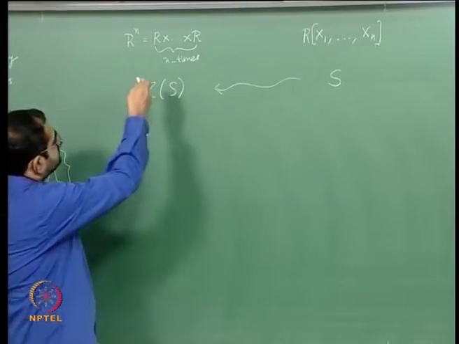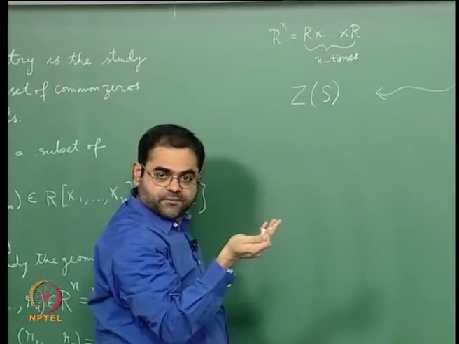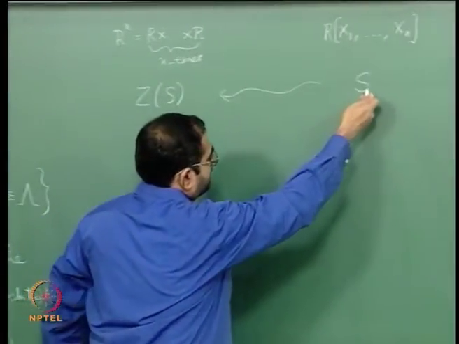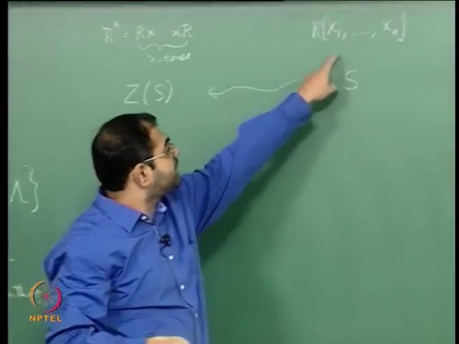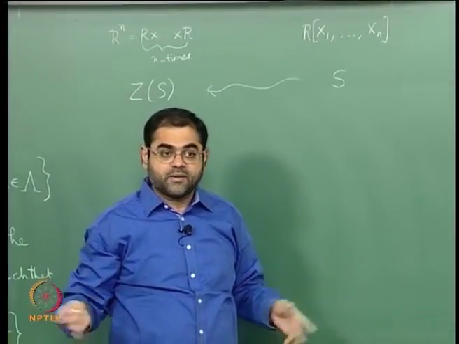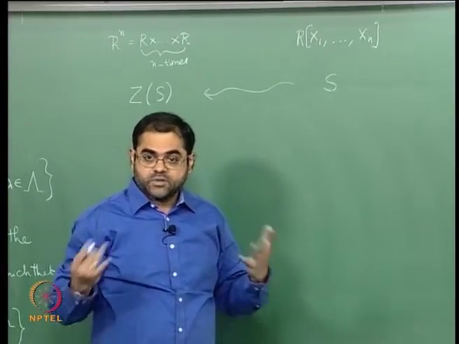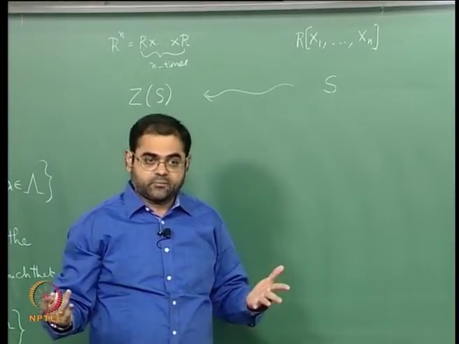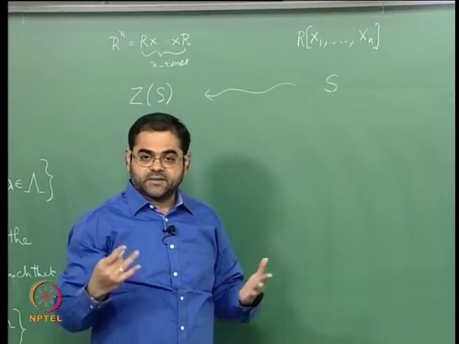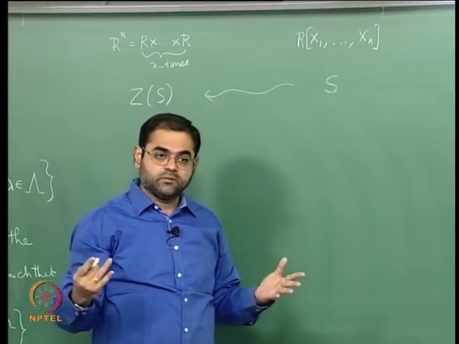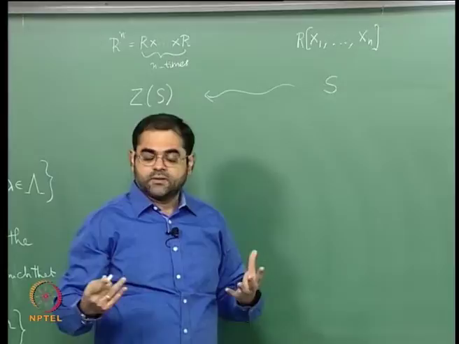For example, you could have properties of this set which are geometric properties, and they would translate into some properties connected on this side, and the properties that are connected on this side are ring theoretic properties, or therefore they could be ideal theoretic properties, or more generally they could also be module theoretic properties, because modern commutative algebra is not just the study of rings and ideals, but it is also the study of modules, because the notion of a module generalizes the notion of an ideal and also that of a vector space at the same time, and is more versatile.